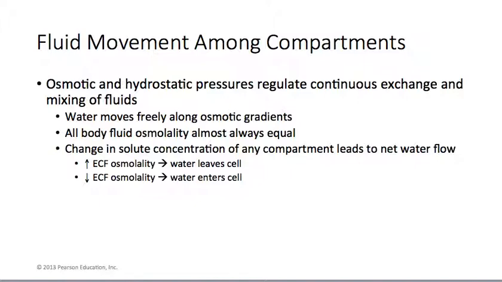It's just fluid movement, and it happens between those compartments of intracellular and extracellular fluid. They're always mixing. The body tries to keep osmolality pretty much equal, and then what shifts is going to be the water when there is a change to the tonicity of that environment, if there's a lot of solute or not a lot of solute.